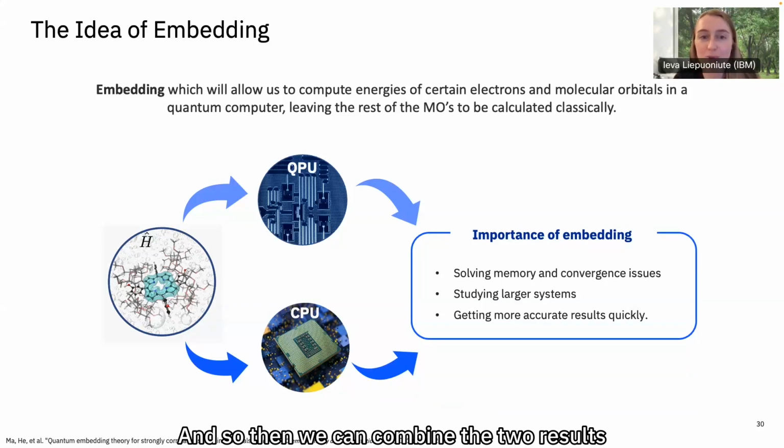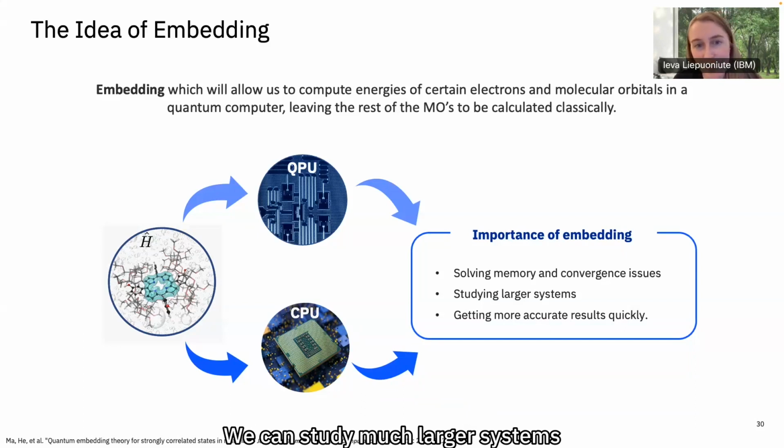Then we can combine the two results and solve memory and convergence issues a lot better. We can study much larger systems, and we can also get our results in a much more efficient way.